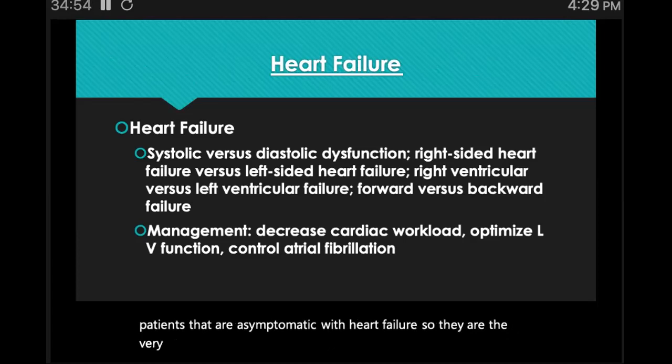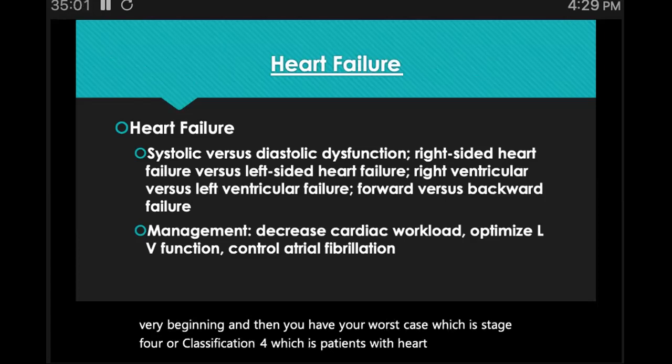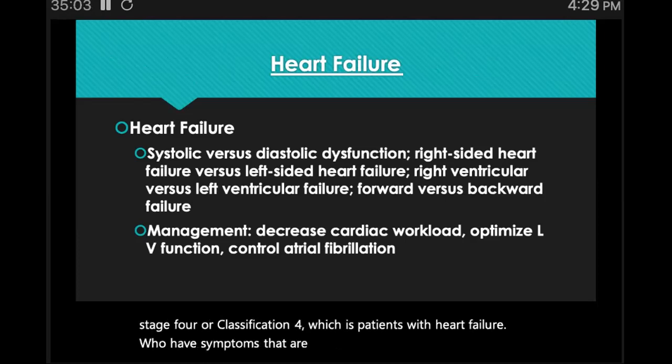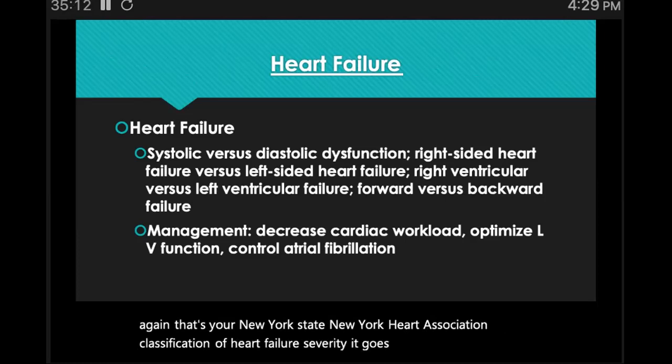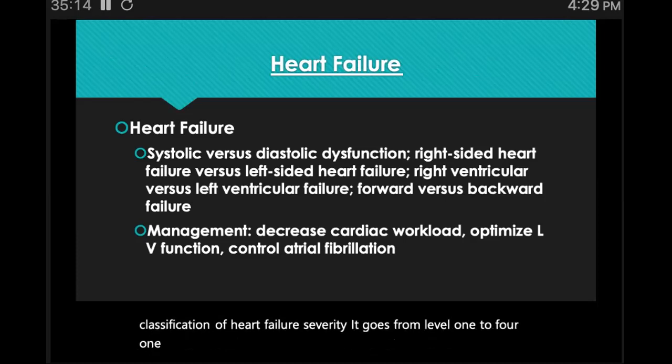And then you have your worst case, which is classification 4, which is patients with heart failure who have symptoms that are very severe, specifically at rest. So again, that's your New York Heart Association classification of heart failure severity. It goes from level 1 to 4, 1 being asymptomatic versus 4 with symptoms at rest.